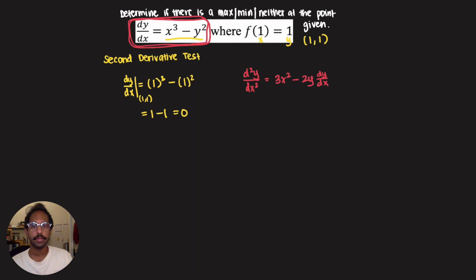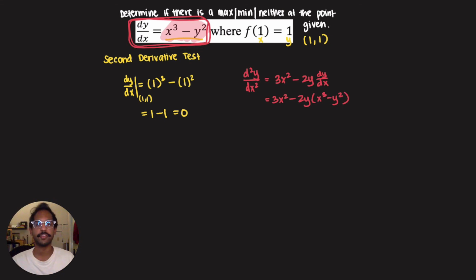Now, again, we are going to plug in the value that we already know dy/dx equals. We can see that at the top, and I'll highlight it. We know that dy/dx equals x cubed minus y squared. The question told us that at the beginning. So we have 3x squared minus 2y times x cubed minus y squared.